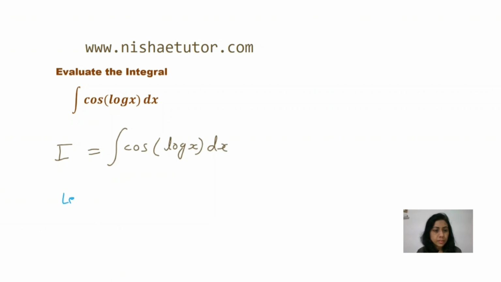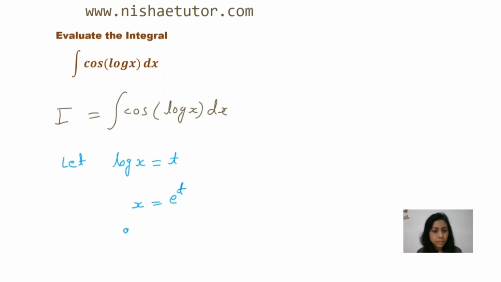Here let this log x be any variable t, and here the base is e. So x is equal to e to the power t, and when we differentiate we get dx is equal to e to the power t dt.